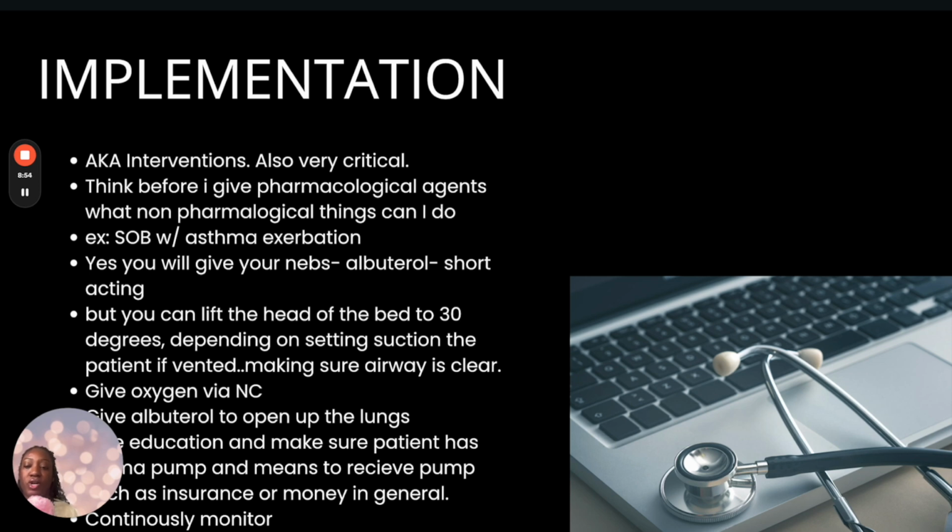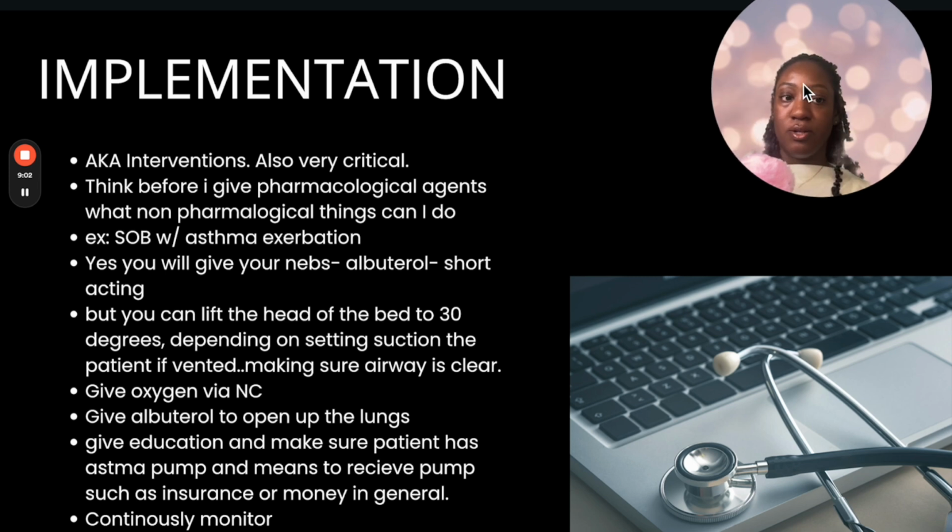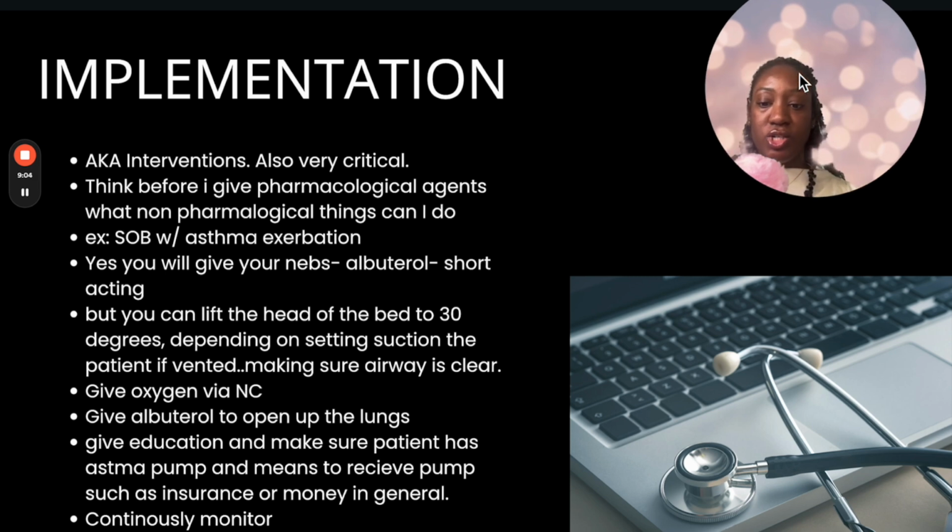So again, you'll give your albuterol to open up the lungs, and then you want to give education to your patient. Make sure that they have an asthma pump, and make sure they have the means to get their asthma pump, because maybe they're in the hospital because they ran out of their asthma pump, their insurance lapsed, or they didn't have money to pay for it.